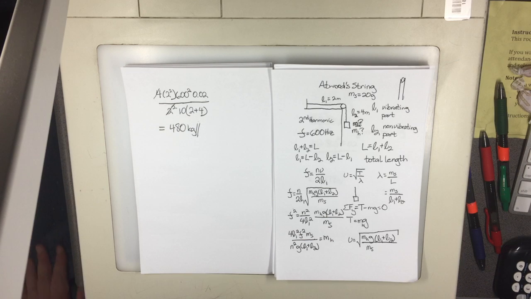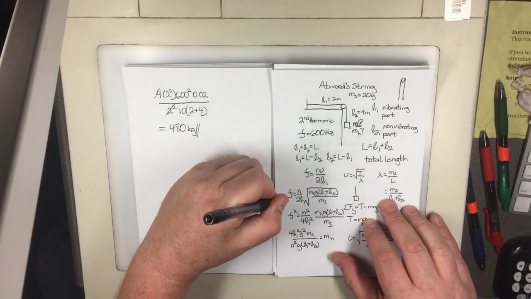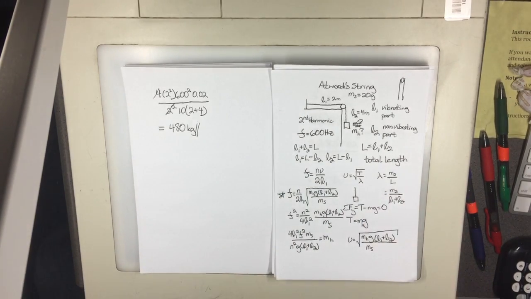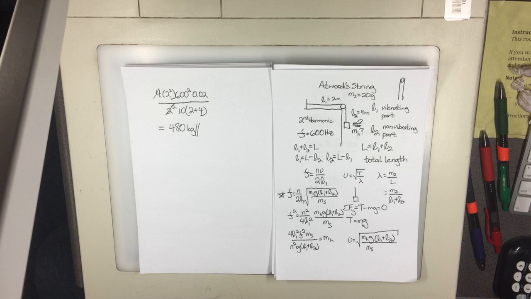And so that is the Atwood string problem. What I would do is understand how to derive that equation and then be able to derive for every single variable within it. And so that's the Atwood string.